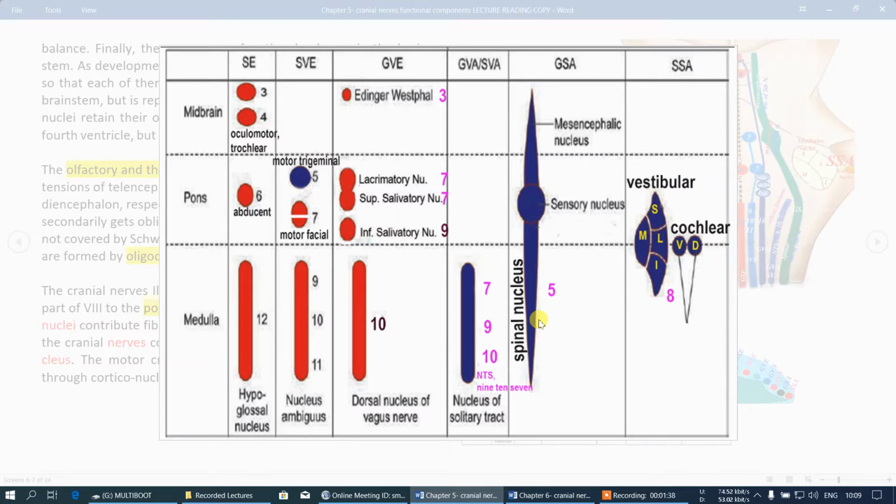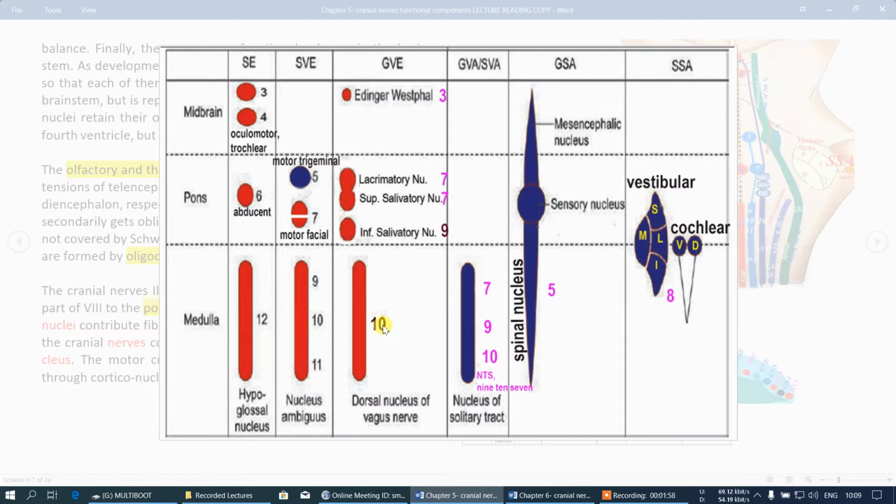Broadly speaking, the glossopharyngeal and hypoglossal nerves will supply the tongue, then the tongue and mucous membrane of nose, palate, pharynx and larynx, general afferent sensations.